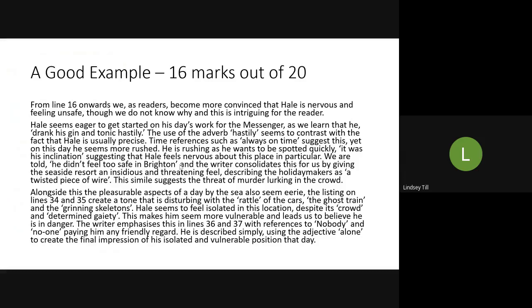So we're looking for around 2 sides or 2.5 sides of writing in answer to this question, because it is worth 20 marks. So I do think this one might be a little bit short, but it does give us some indication of where the student has written using subject terminology, and they've explained why that makes you think that, yes, he does feel nervous.